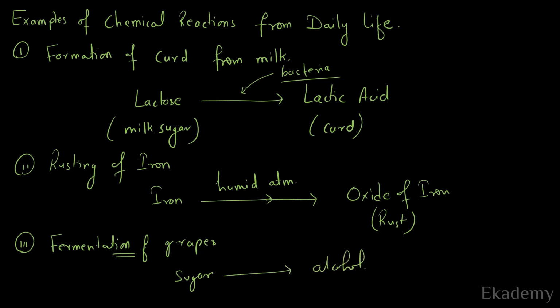Now you can see that the initial substance is changing itself into a completely new substance. Again, a chemical change and chemical reaction is taking place in this process. This process needs assistance of yeast. The process is carried out in presence of yeast.